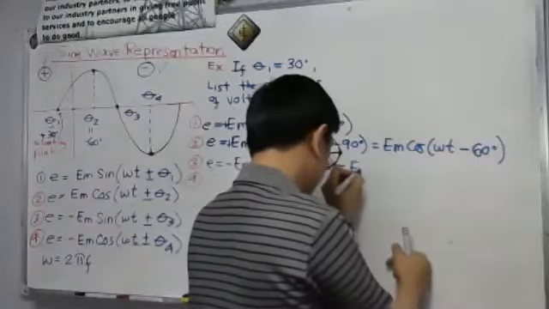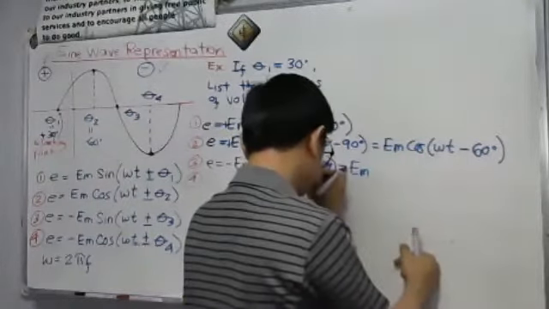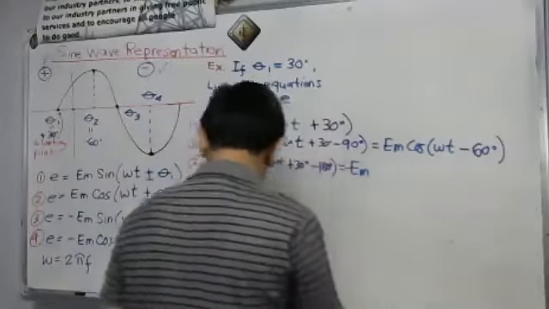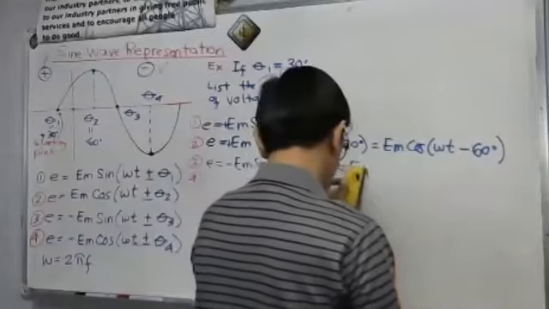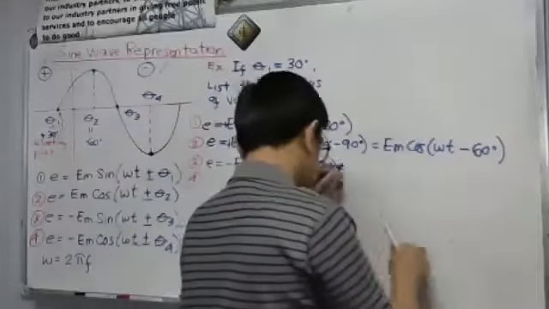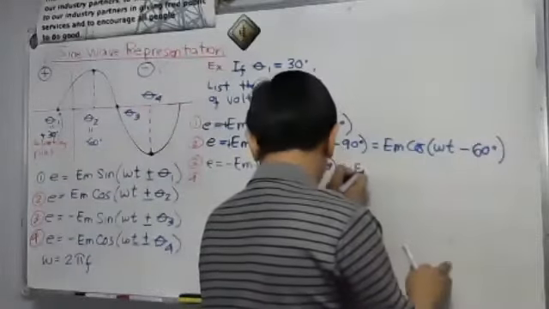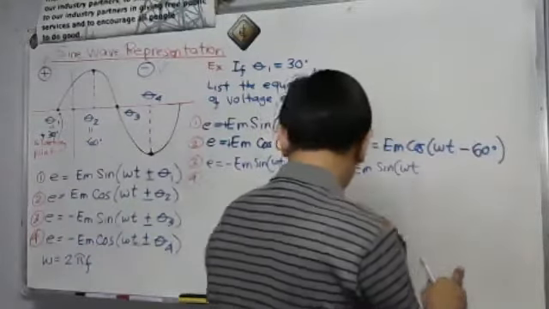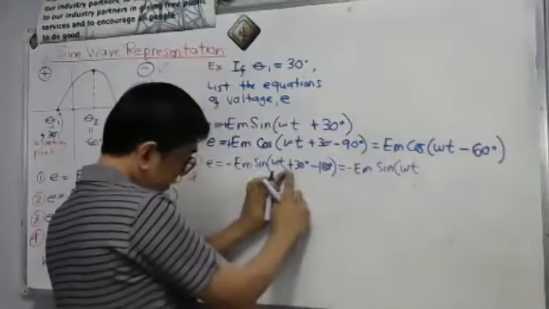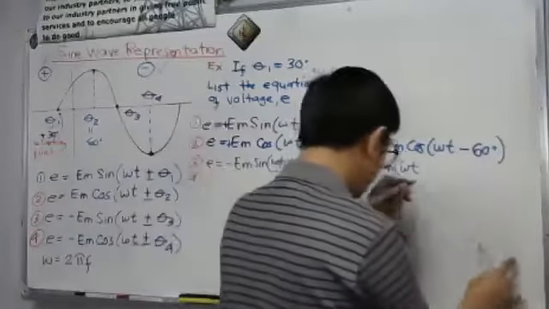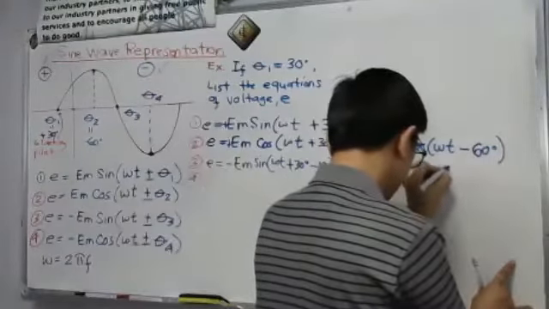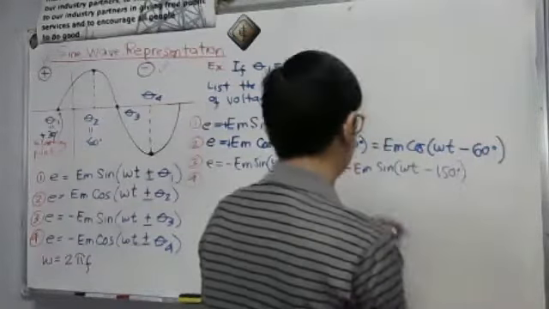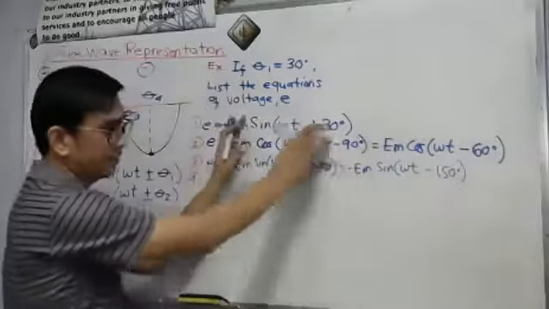So that should be negative E sub m, omega t. How much is this? Negative 150 degrees. Of course, the units are in volts.